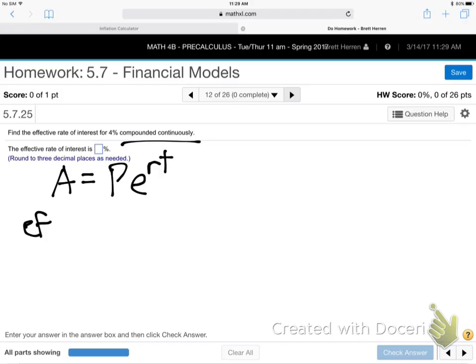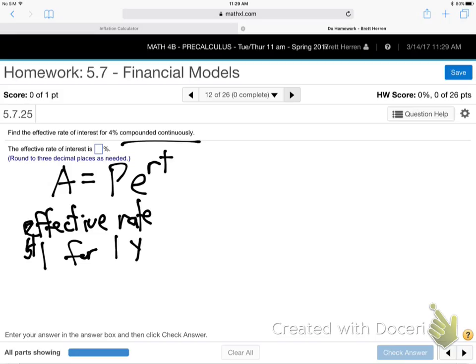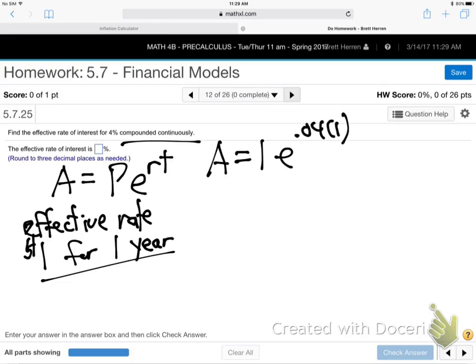And effective, whenever they say the effective rate, we put in $1 for 1 year. So put in $1 for 1 year. That good? Hit the buttons on your calculator. This formula is actually easier to use than the other one, huh? The PERT one. $1 for 1 year.